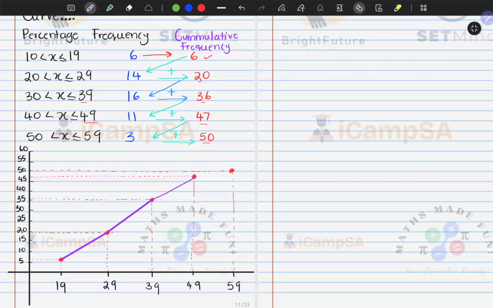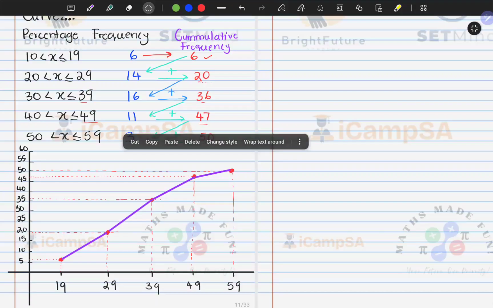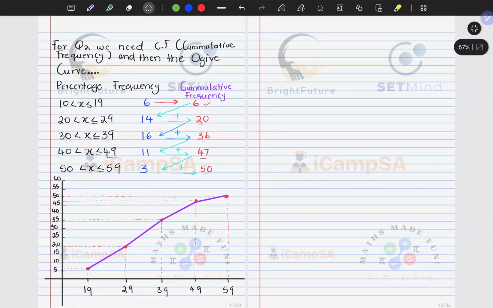Straight line between these ones, and then straight line between these ones. So this is obviously not drawn according to scale here, guys. You will be given graph paper. So that will make it way easier to do proper plotting here.